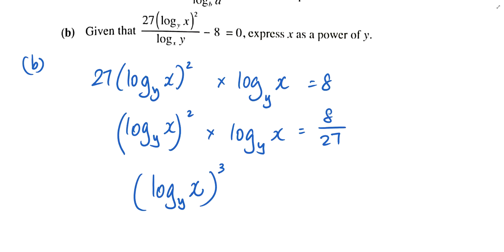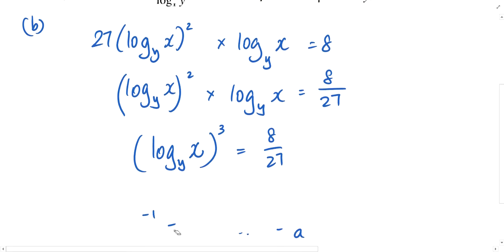Apple squared times apple, you get? Wow, you get apple cubed. Okay, so we get apple cubed equals 8 over 27. Are you happy to see this? I'm quite happy today because I see 8, I see 27, and I see cube. Yeah, so it's time to cube root. So log base y x equals 2 over 3.